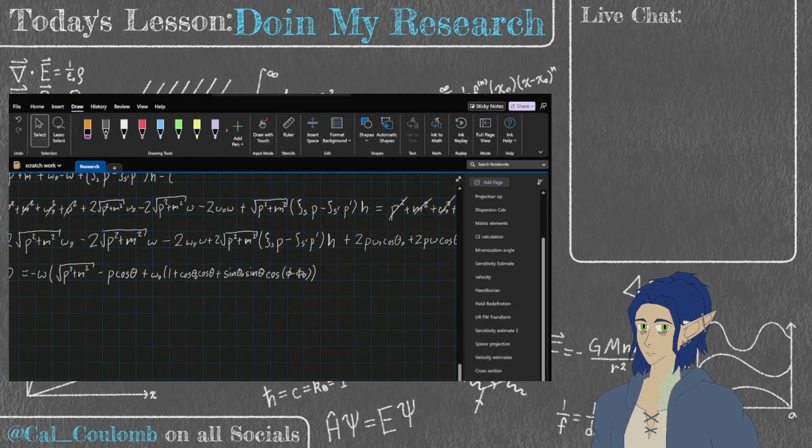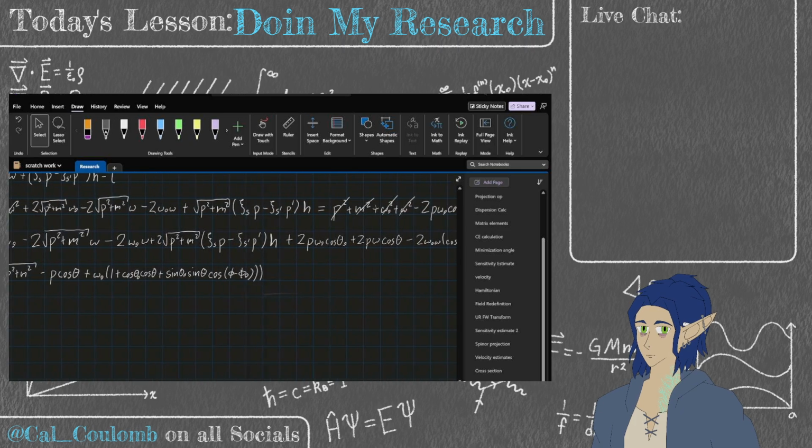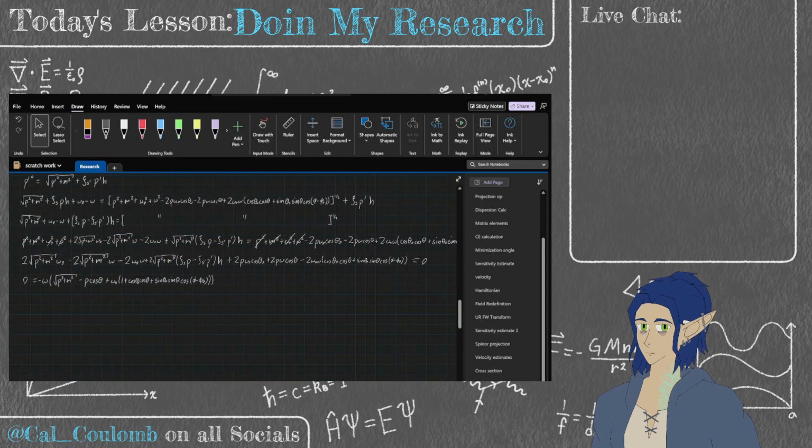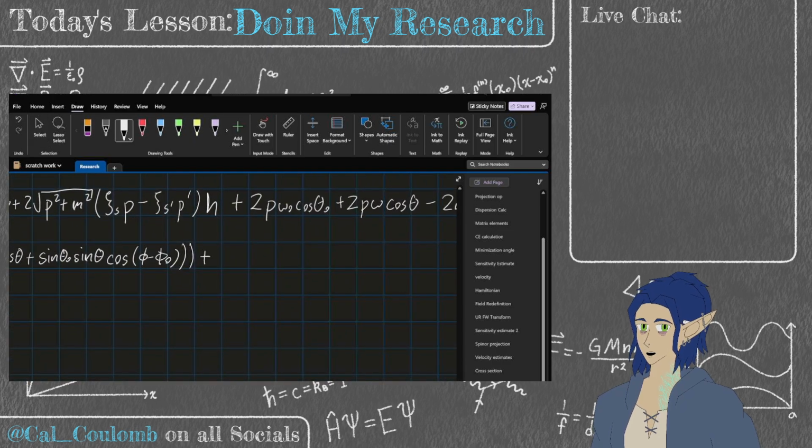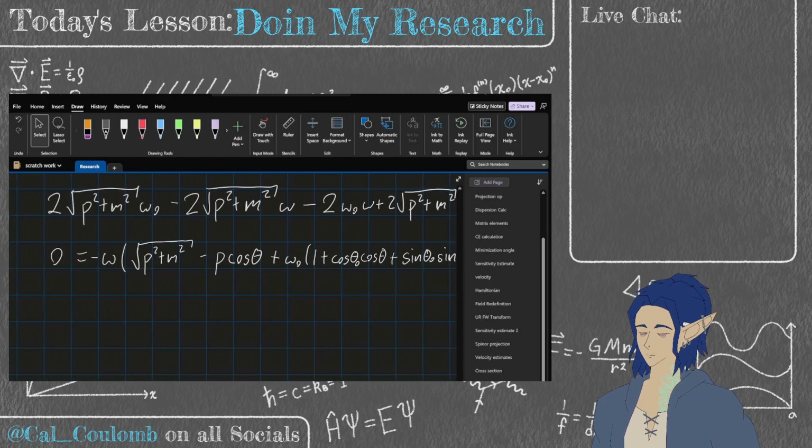And so that should be everything that's multiplying omega. So then we just take everything else, and we'll separate that out into things that don't depend on h, this parameter that we're trying to expand with, and then the things that do depend on it. So starting with the things that don't, we have the ones that depend on omega naught. That's going to be this first one.